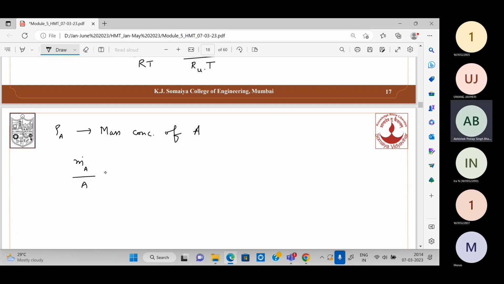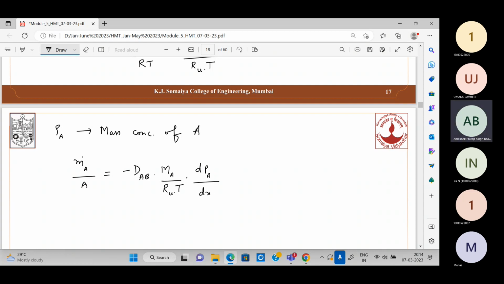Then Fick's law will be Ma by A is equal to minus DAB into Ma divided by RuT into dPA by dx.